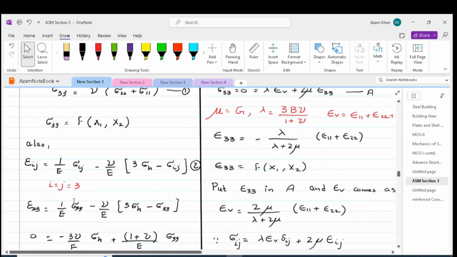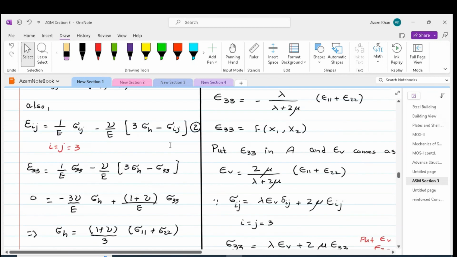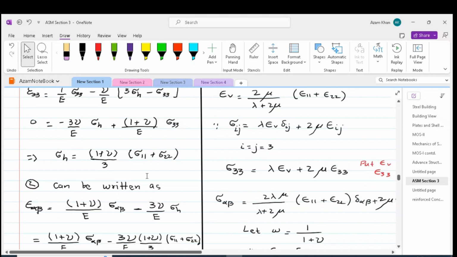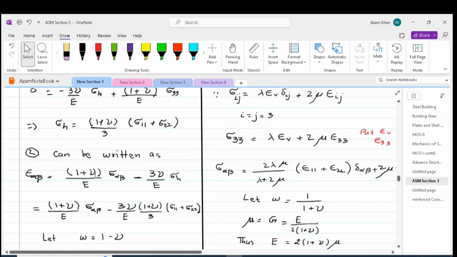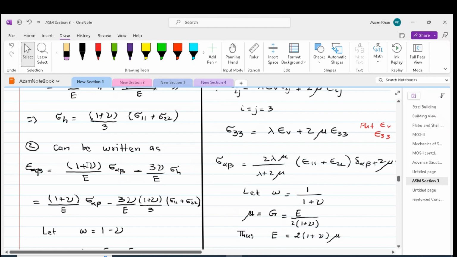Now this hydrostatic stress will be plugged back into equation 2. So we take again equation 2, the terms describing sigma ij are collected together, and we leave the term describing sigma h separately, and then we plug the value of sigma h into the equation. So that's what has been done. Instead of ij, we can write epsilon alpha beta is equal to 1 plus nu by E sigma alpha beta.